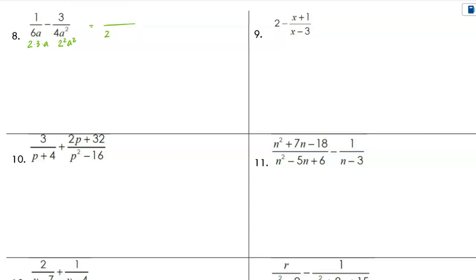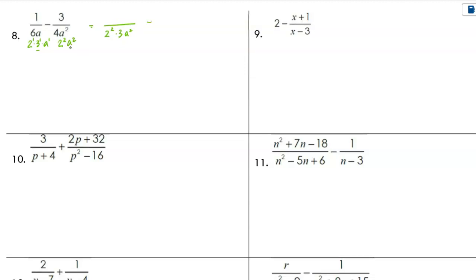For the first factor 2, the greatest number of times that it appears is twice. It appears here once, it appears here once, it appears here twice. For the factor 3, it appears once here. It doesn't appear on the second fraction, but we have to take the greatest number of times. A once, a twice, so the greatest number of times that appears is twice.